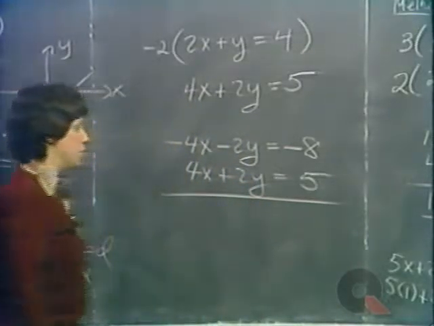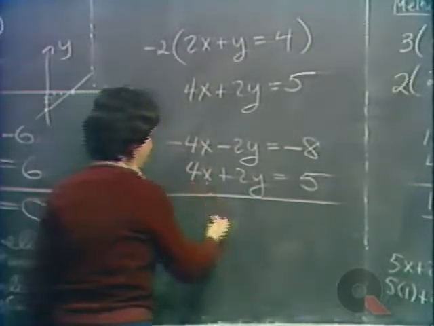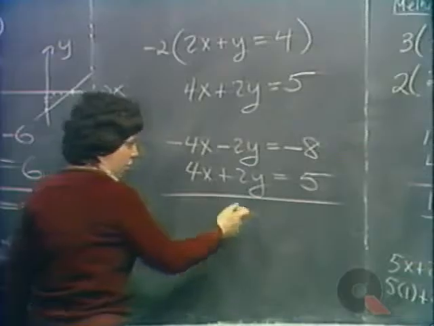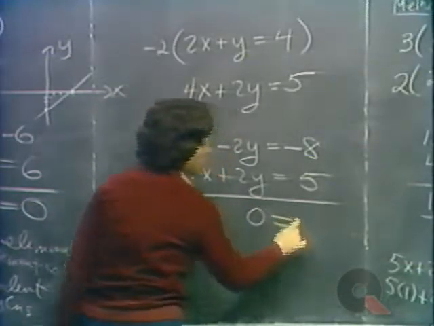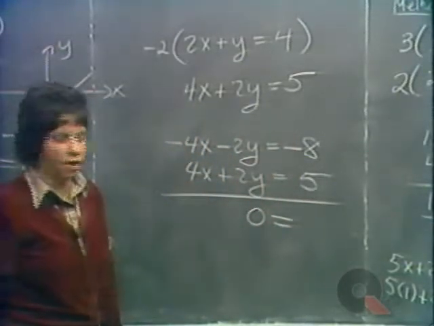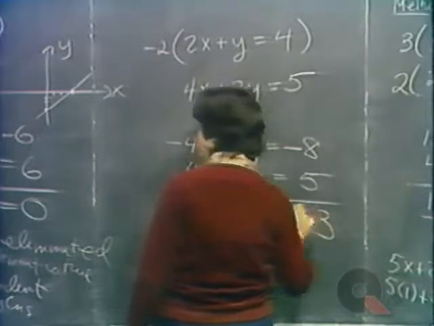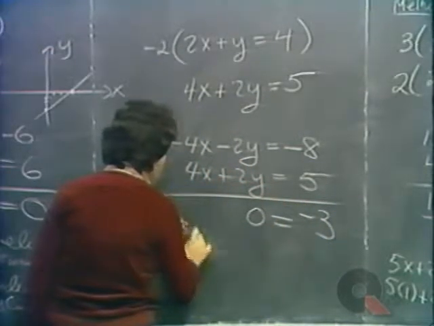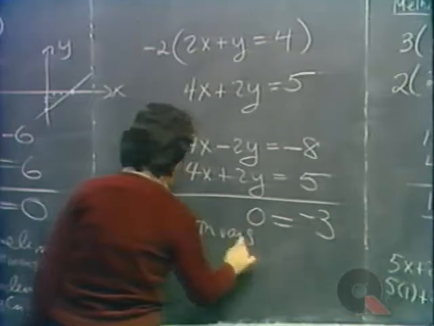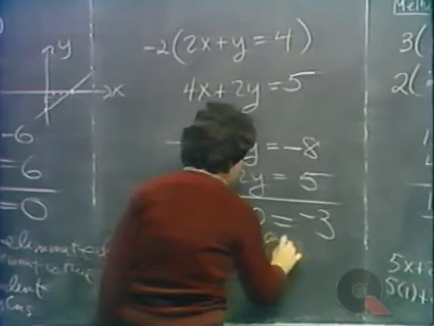When you add the equations, both variables are eliminated. You get 0x plus 0y, which is 0, equals minus 8 plus 5, which is minus 3. Once again, both variables have been eliminated.